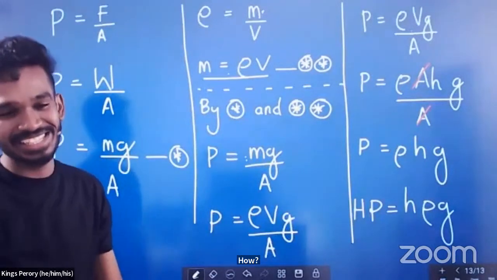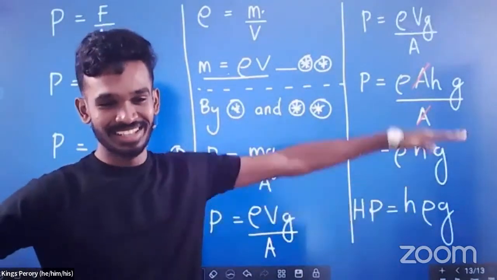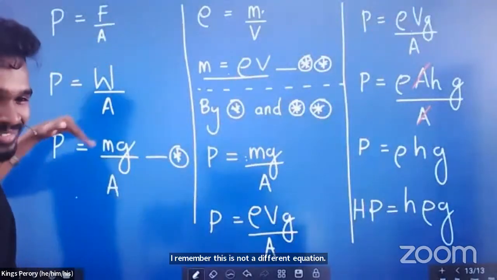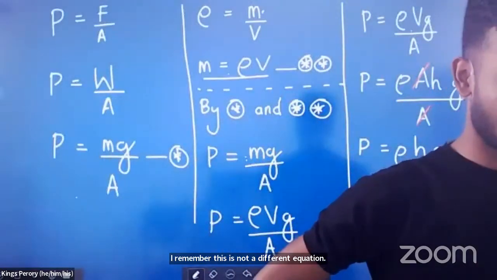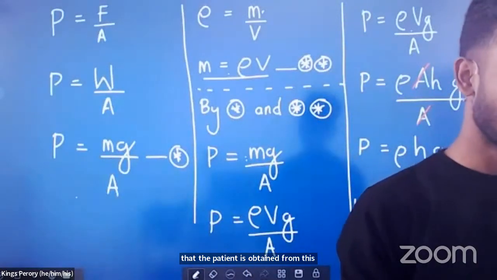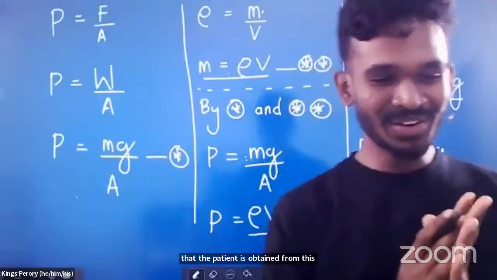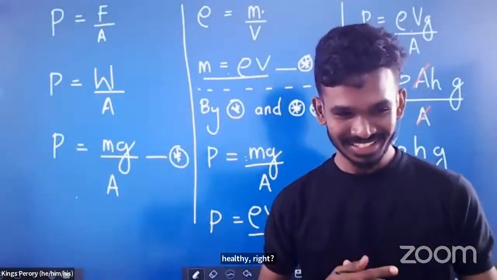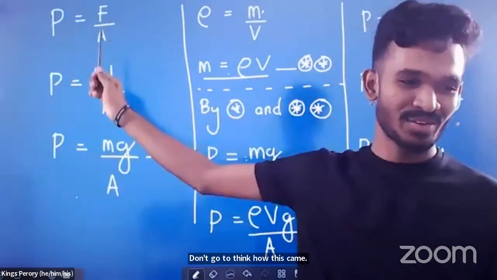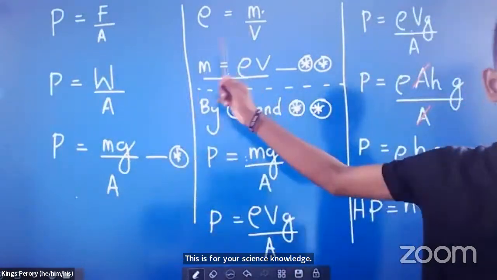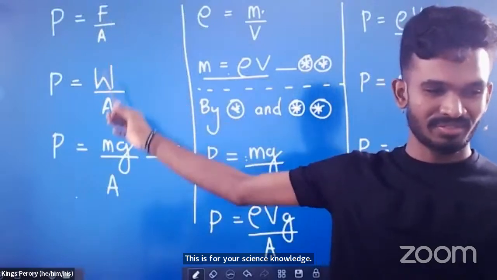So remember, this is not a different equation. That equation is obtained from this. Okay? Don't go and think about how this came. This is for your science knowledge. P equal F over A, m you can rearrange and go. It's nothing big. F is the weight.